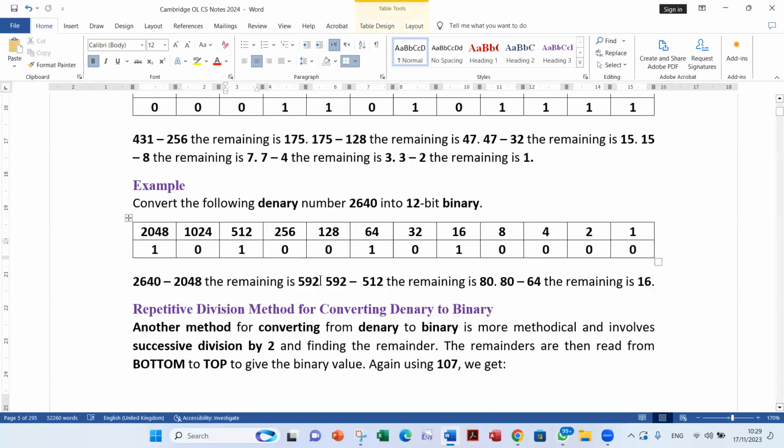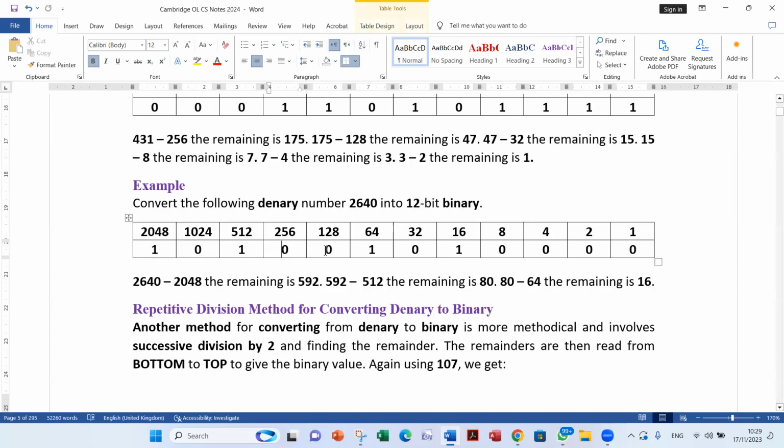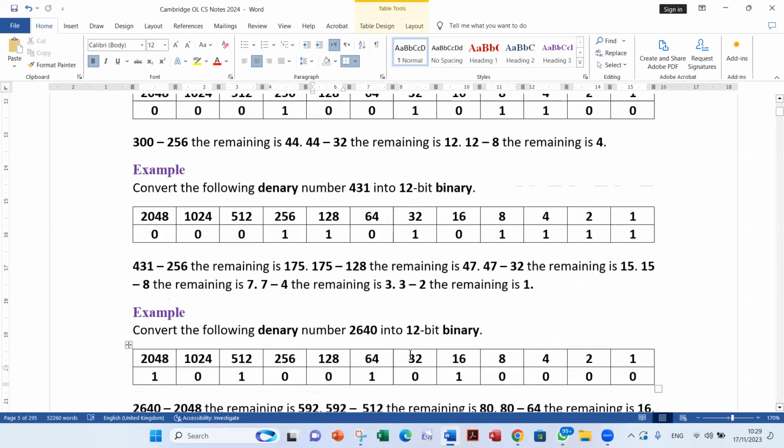With 592, you put one here and subtract, and you get 80. So you fill here 0 and 0. You put one under the 64 and get the remainder 16. You put 1 under the 16 and the rest is 0, and that is so easy.